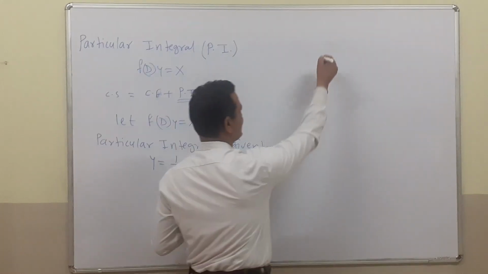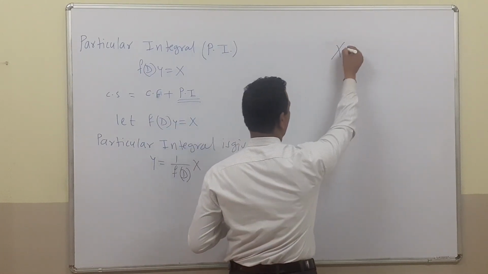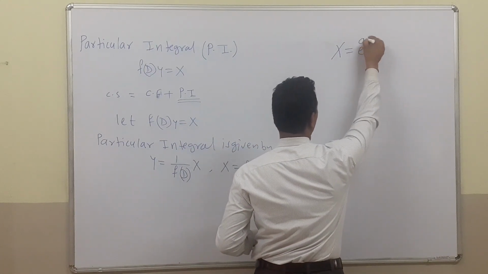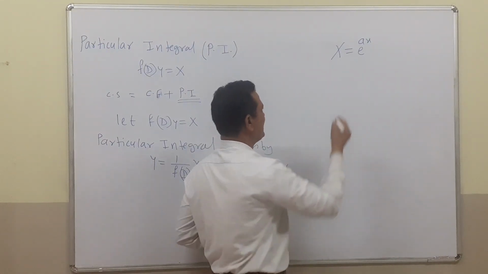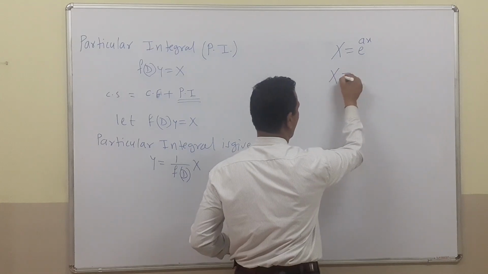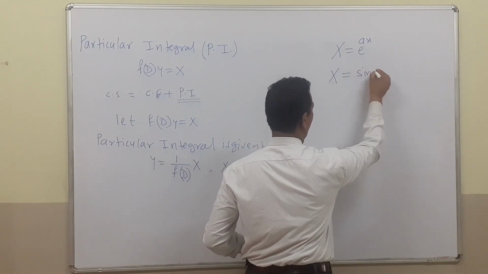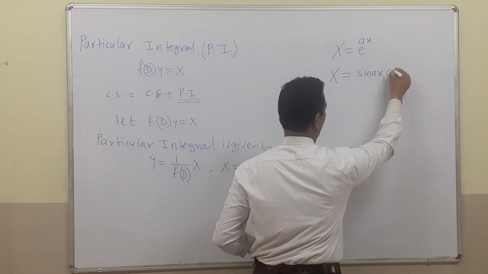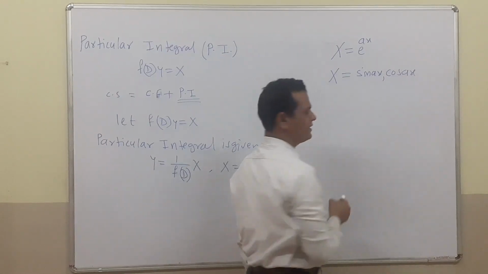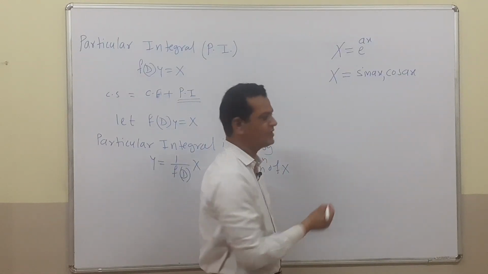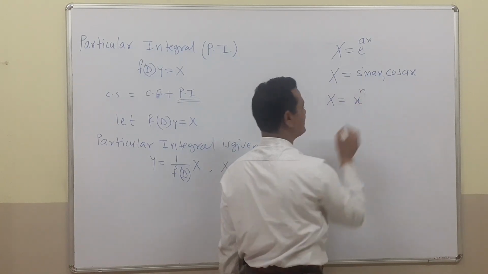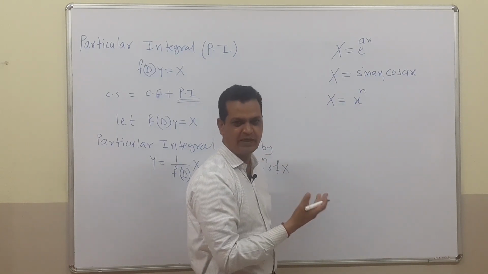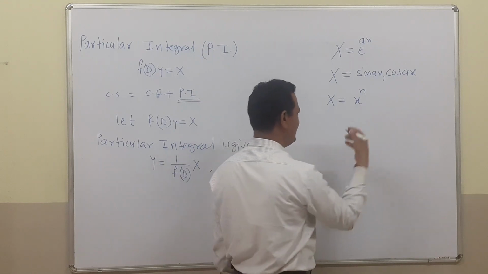That means capital X may be of the type e raised to ax, that is, an exponential function. It may be of the type sine of ax or cos of ax. Then X may be an algebraic function, that means x raised to n, where n is any number.